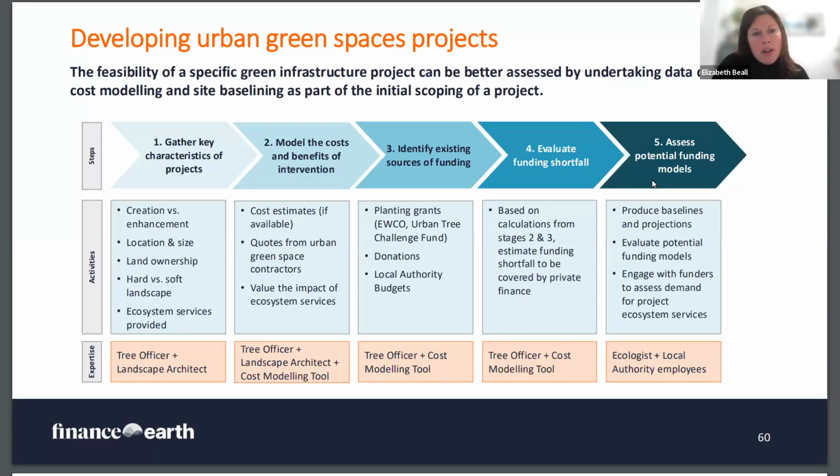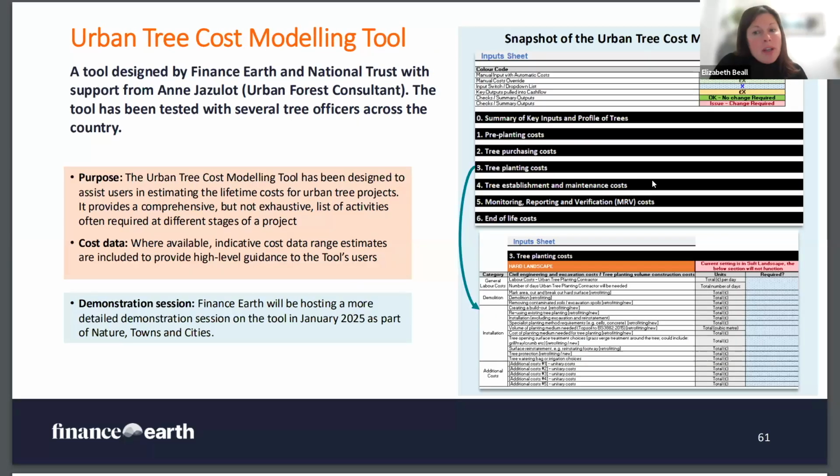So just to zero in on one part of this journey, next slide, please. We've developed an urban tree cost modeling tool with support from Jaluzot to support local authorities in that specific element of the cost modeling.